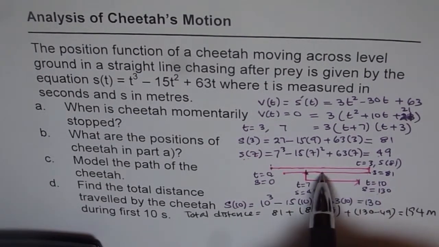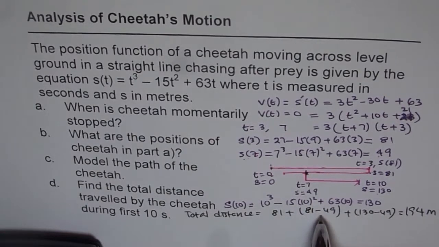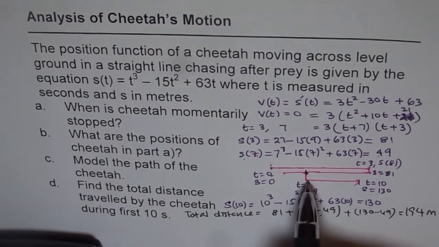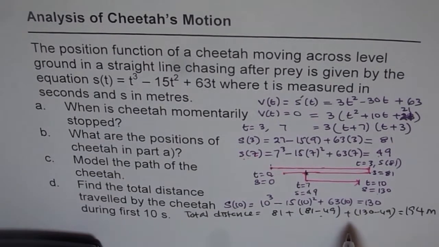Then it comes back and covers a distance of 81 minus 49. That is the second unit. And then from 49, it moves to 130, so during this time it covers an additional distance of 130 minus 49. So the total distance covered is 194 meters. In 10 seconds, the total distance is 194 meters, whereas the displacement is only 130.